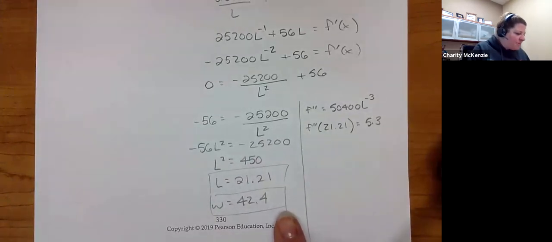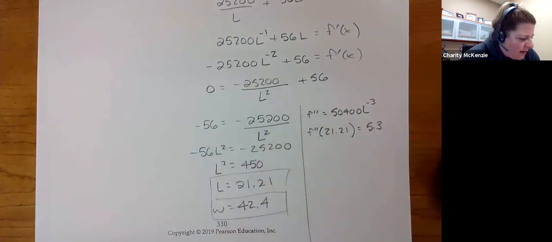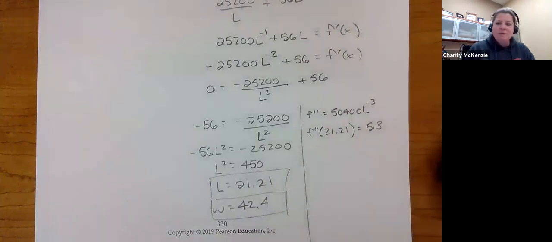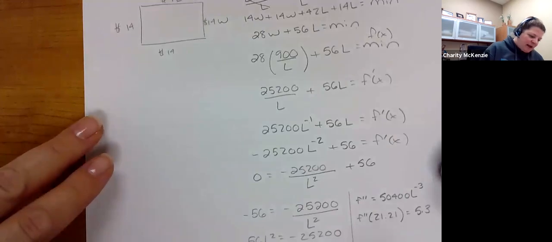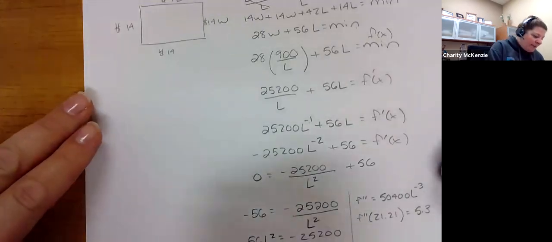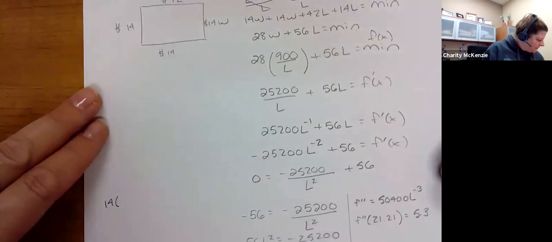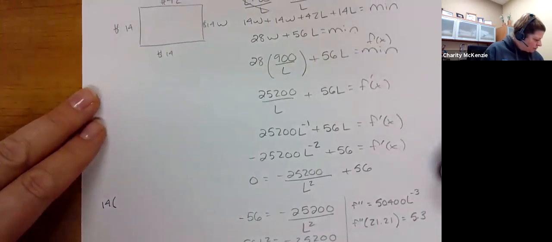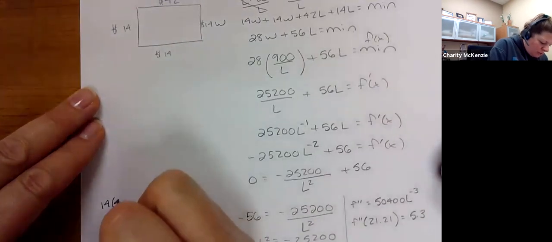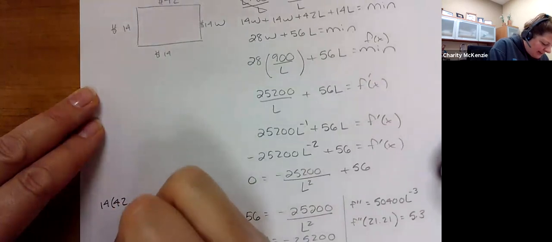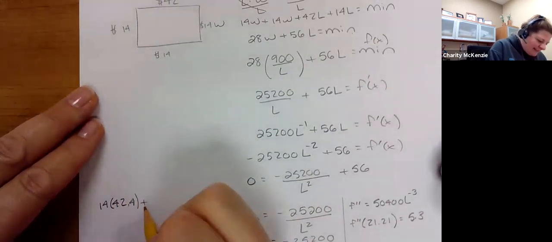And then it'll probably ask, find the dimensions, which we did, of the rectangle that will allow the most economical fence that we build. So what would be the cost of that fence in case they asked us? That minimum cost, I would go back up to my perimeter and I would have 14 times the width, 42.4, plus the same thing.